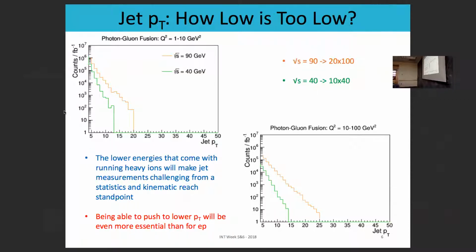And you can see here, as you go down in root s, the problem just gets worse. The spectra get softer, the kinematic reach gets shorter. So really being able to get down to low jet pTs would help.